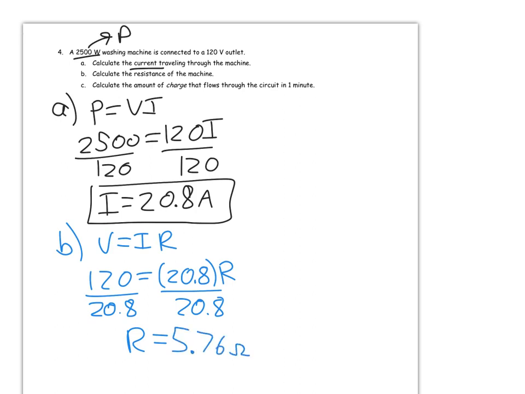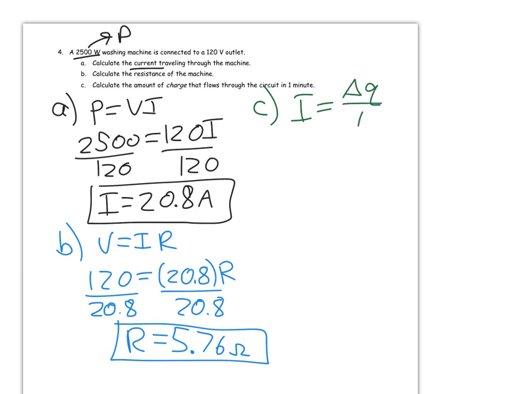For the last part, we want to know how much charge flows through the circuit over a period of time of 1 minute. And so for that, we're really thinking about what our definition of current is, which is that current is the amount of charge in a given time. And so we know that our current here is this 20.8.